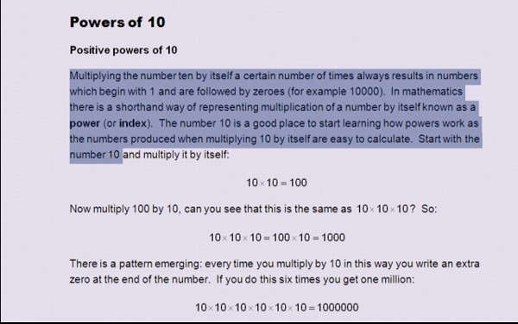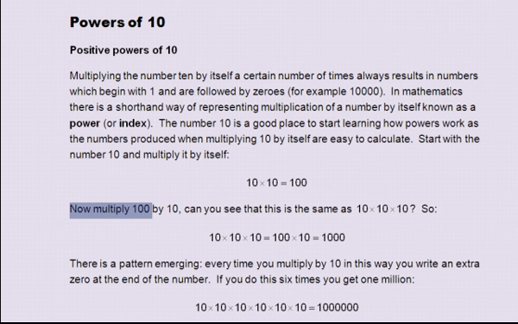Start with the number 10 and multiply it by itself. 10 multiplied by 10 equals 100. Now multiply 100 by 10. Can you see that this is the same as 10 multiplied by 10 multiplied by 10?